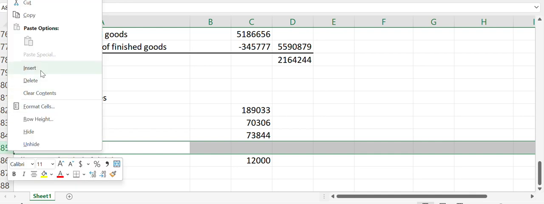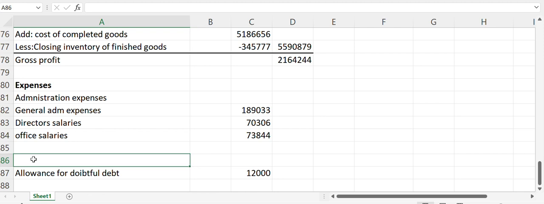Let me show you. So here we are going to have selling and distribution expenses.